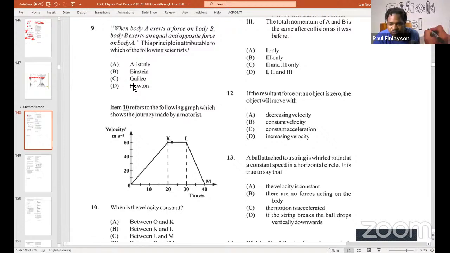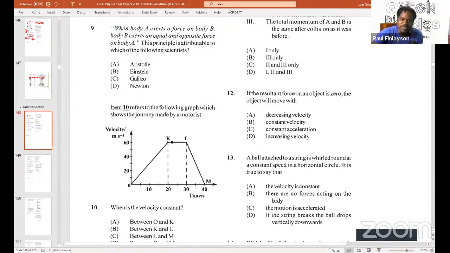Okay, this is worth looking at. When a body A exerts a force on a body B, B exerts an equal and opposite force on body A. This principle is attributable to which of the following scientists? So in other words, which scientist came up with that?